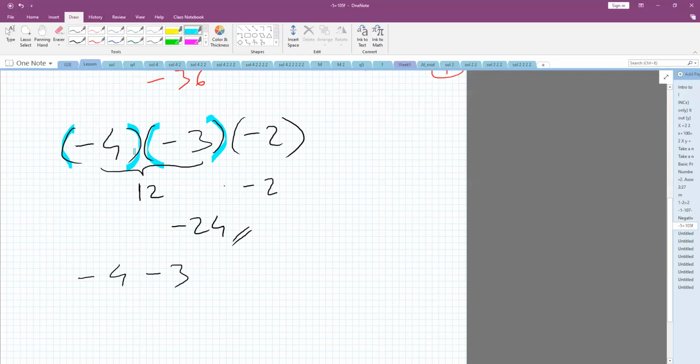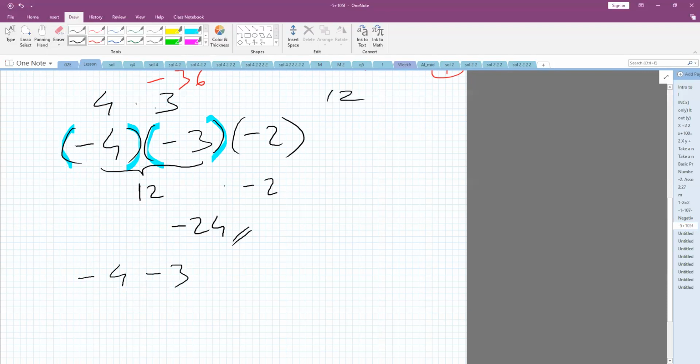When you don't have a negative sign, you just write down, for example, 4 and then 3. Now what happens is 4 times 3, which is 12.